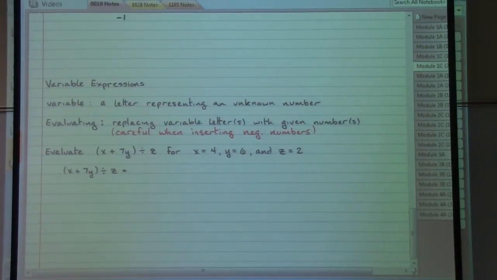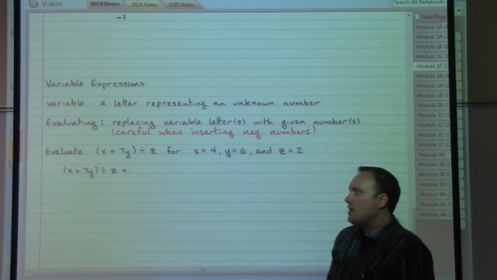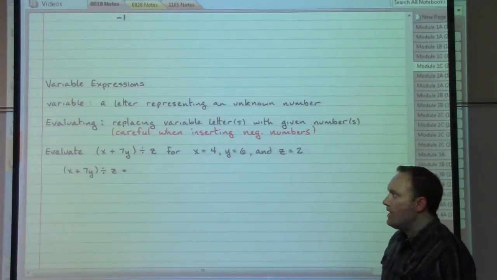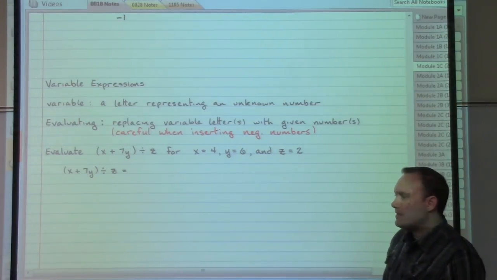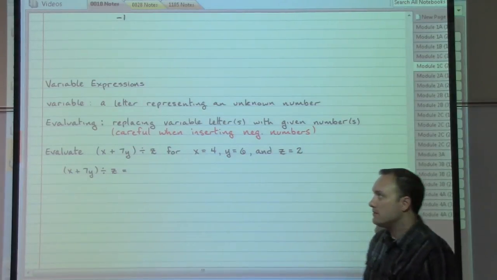All of the examples that we've worked so far have been order of operations problems that were directly given to us. There's an indirect way for them to give you order of operations problems, and that is by having variable expressions and specific numbers to put in place of the variable letters.